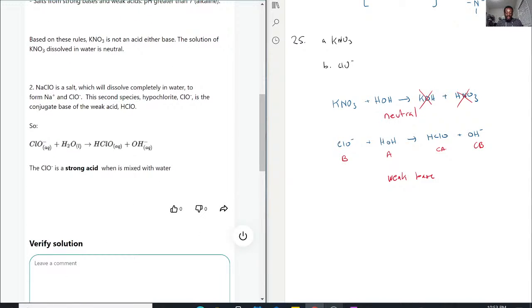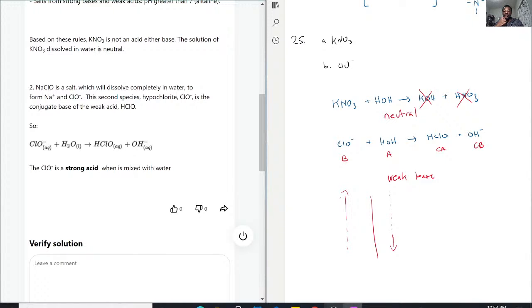Okay? It's just going to be relative, I guess. This is where it gets a little bit tricky. A weak acid that's close to being a strong acid will have a conjugate of a weak base that's extremely weak. So if I were to draw a chart, the stronger the acid, the weaker the base, if that makes sense.